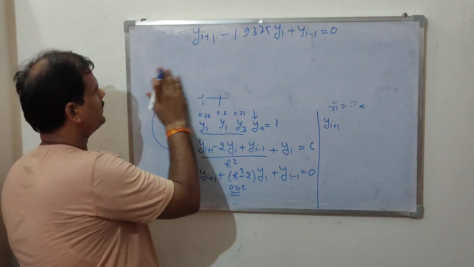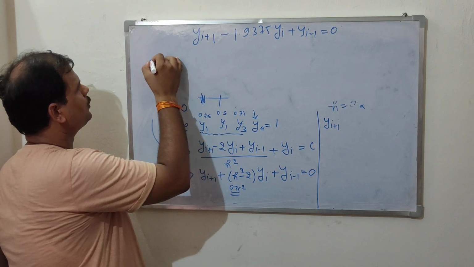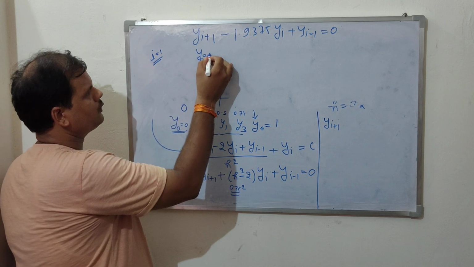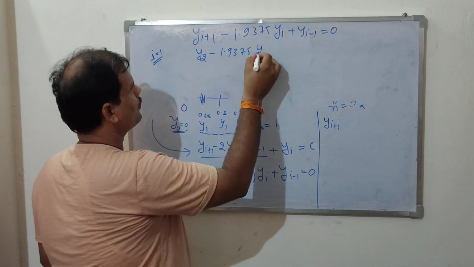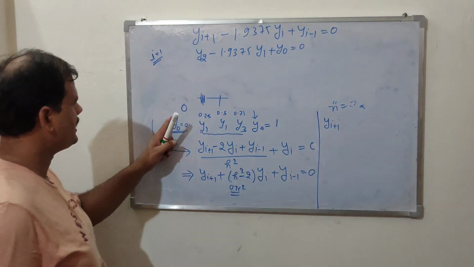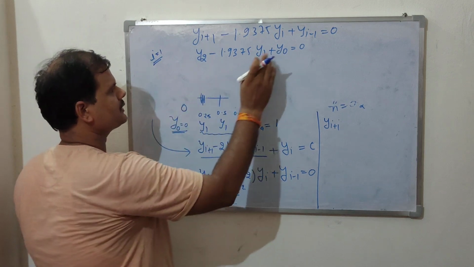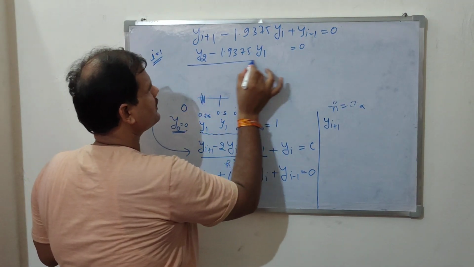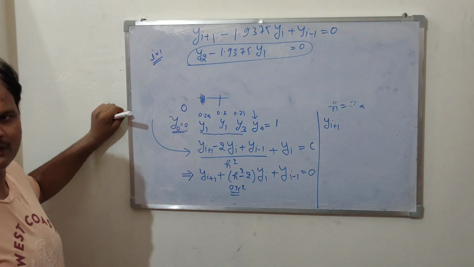Now let us write the equation for the first node, I equal to 1. We get y2 minus 1.9375 y1 plus y0 equal to 0. And y0 equal to 0 is given, this is the boundary condition. So we get the first equation: y2 minus 1.9375 y1 equal to 0.